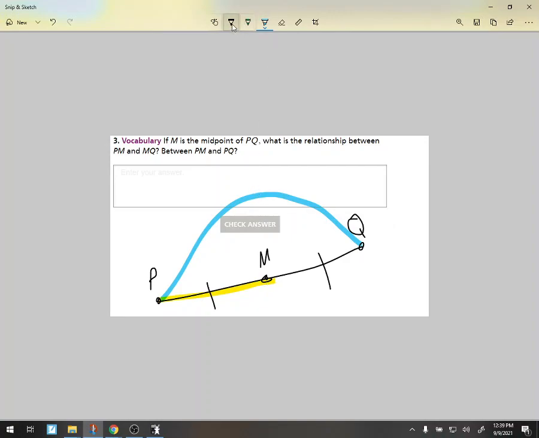So even if I had a point up here, and this and this were the same length, this wouldn't be called the midpoint. This is just a point that is equidistant from both of those points. So this is not the midpoint. I can call it point N for not the midpoint. That's point M for is the midpoint.